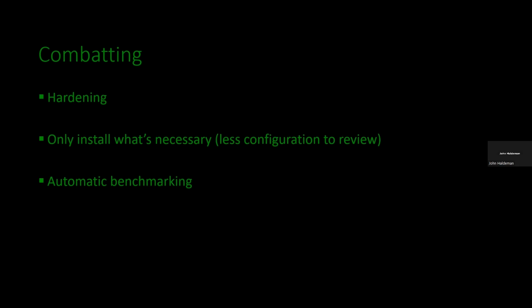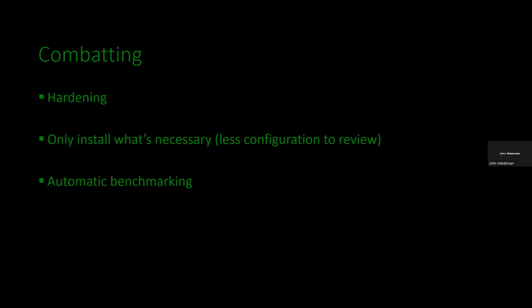You only use the plugins that you absolutely need, because every additional plugin has potential security holes. So you only install what's necessary, and then you do automatic benchmarking. There's a whole bunch of products on the market, things like Nexpose and other vulnerability assessment tools. The one I work with is Guardium for database security benchmarking.